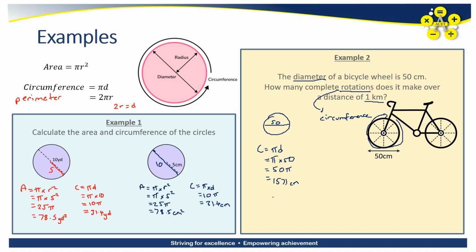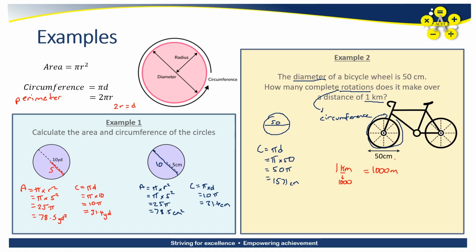Now, what I'm interested in is how many of these rotations go into 1 kilometre. So we've got to be careful here, because centimetres and kilometres are not the same thing. So the first thing I need to do is to convert this kilometre. Now, 1 kilometre, kilo, means 1,000. So 1 kilometre is 1,000 metres.